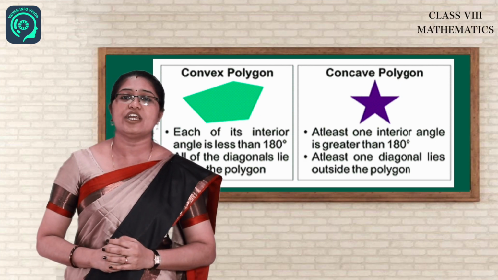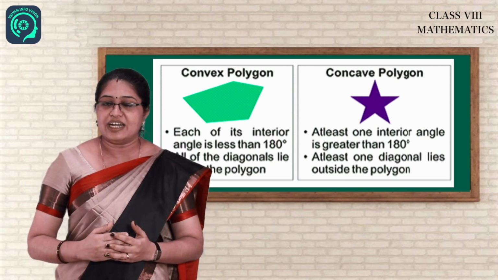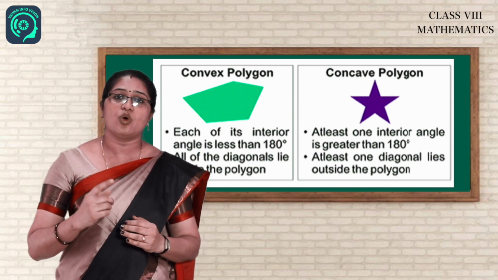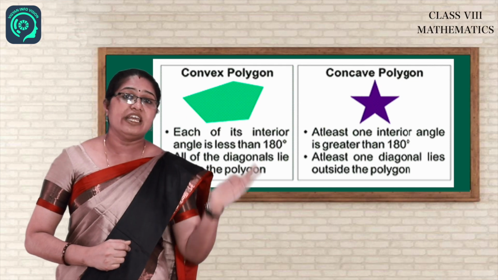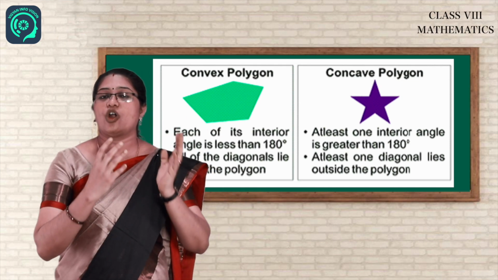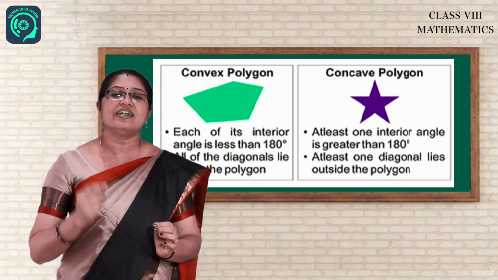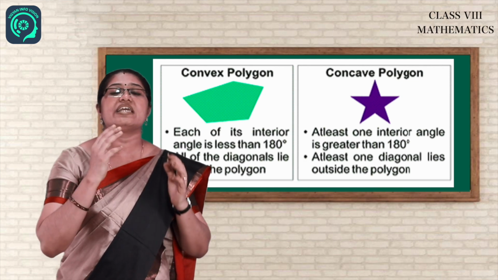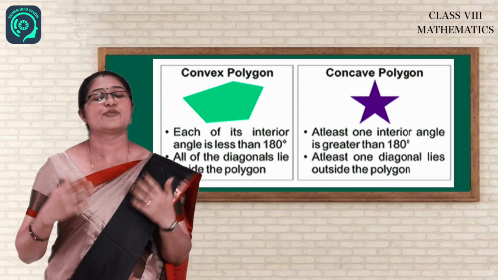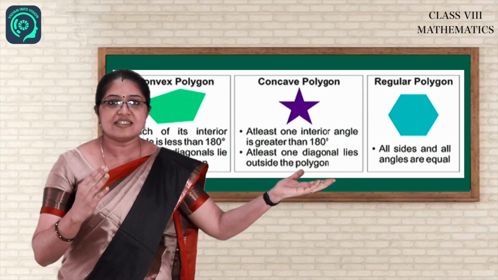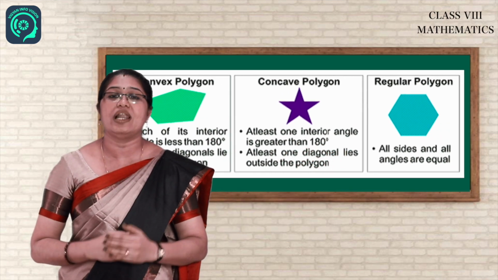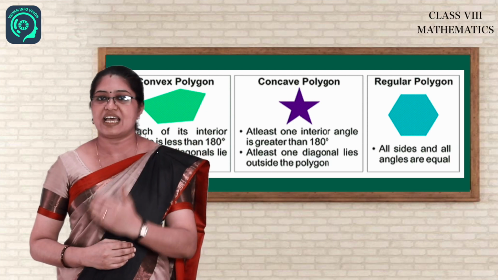Another speciality of a concave polygon is you will be able to draw a diagonal outside. In a convex quadrilateral or convex polygon, all the diagonals will meet inside. These are the two specialities. And in a regular polygon, we told all the angles are equal, all the sides are equal, and the diagonals are inside.